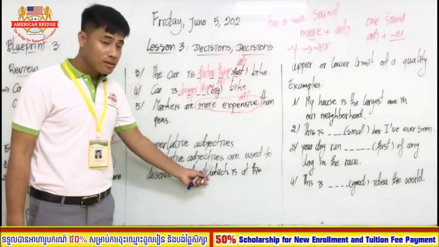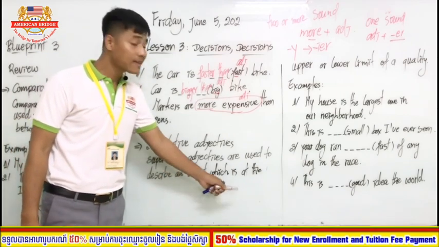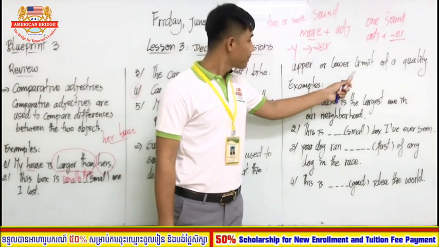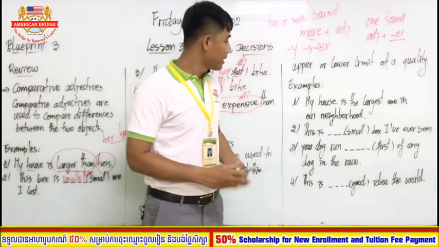Superlative adjectives are used to describe an object which is at the super or lower limit of the quality. Okay, let's see the example.